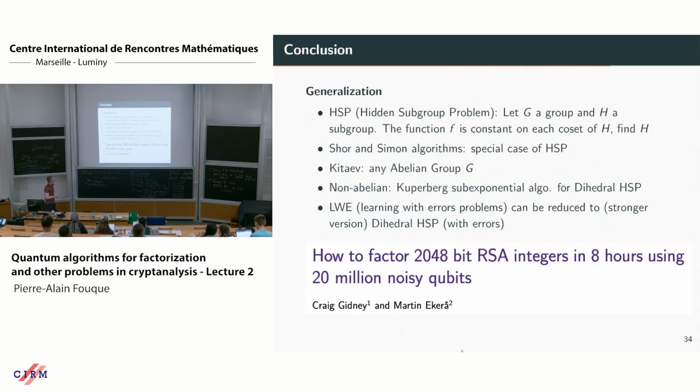A lot of people tried to improve the implementation of Shor algorithm up to 2020. In 2020, the best paper and best evaluation was given by Craig Gidney and Martin Ekera, and they show that you need 20 million noisy qubits and 8 hours to factor a 2048-bit RSA modulus.